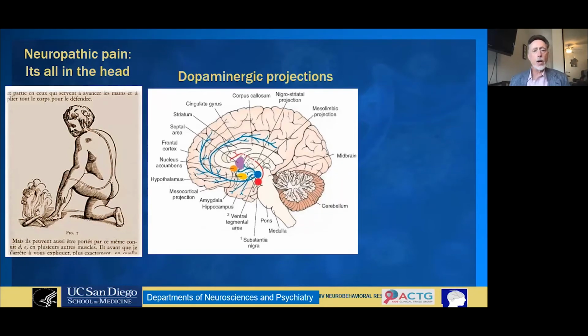The brain has a major impact on the clinical phenotype of neuropathic pain. This is largely, the substrate is the dopaminergic projections, particularly the mesolimbic projections and mesocortical projections that innervate the cortex and structures like the nucleus accumbens projecting from the midbrain.